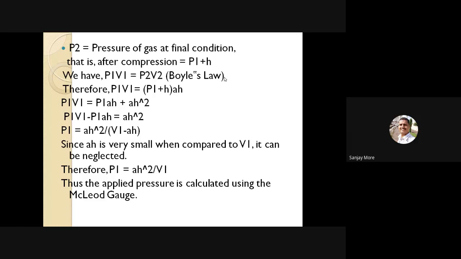Therefore, P1 V1 is equal to (P1 plus H) into A into H. Therefore, P1 V1 is equal to P1 AH plus AH square. Therefore, P1 V1 minus P1 AH is equal to AH square. Therefore, P1 is equal to AH square divided by V1 minus AH. Since AH is very small, it can be neglected. Therefore, P1 is equal to AH square divided by V1. This is how the applied pressure is calculated using the Macleod gauge.